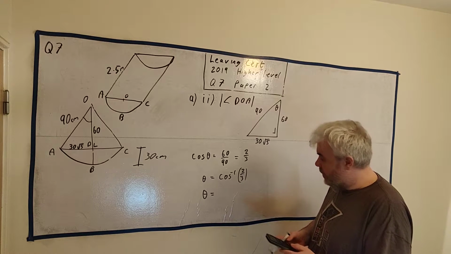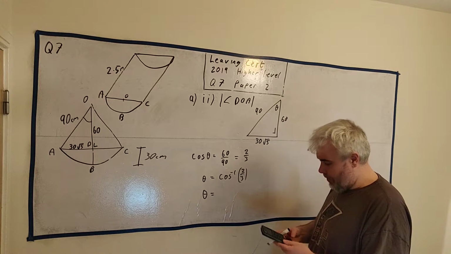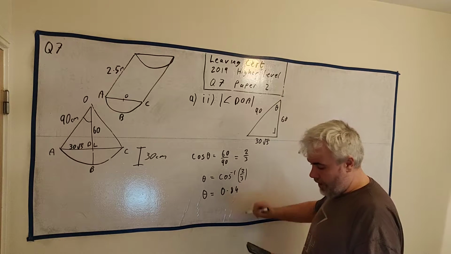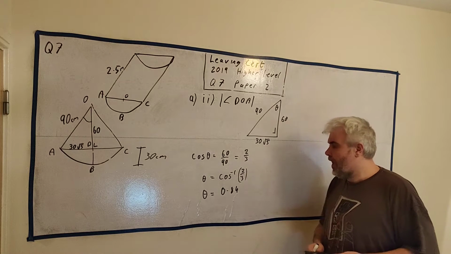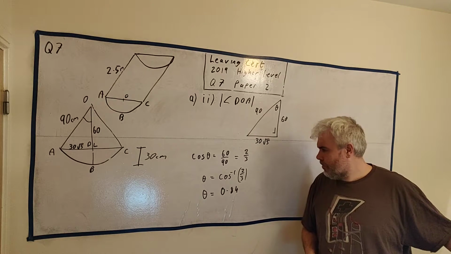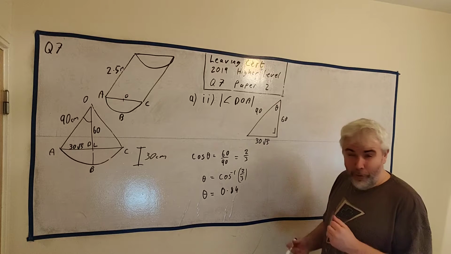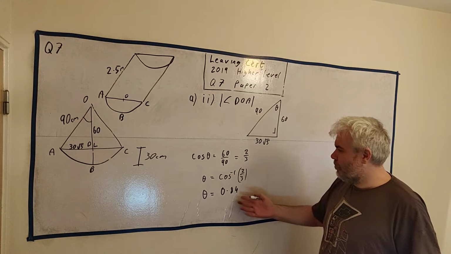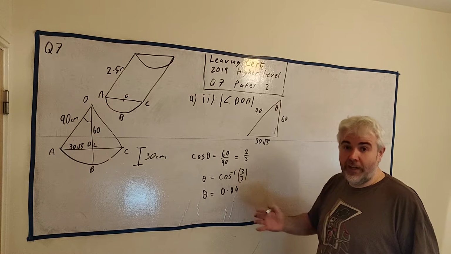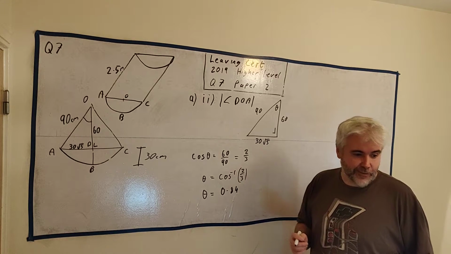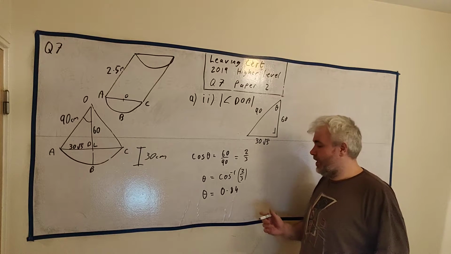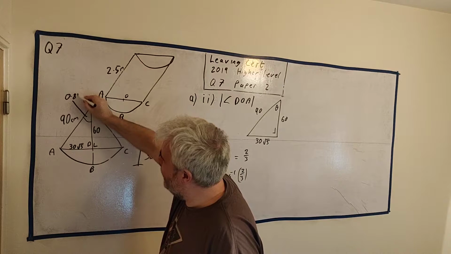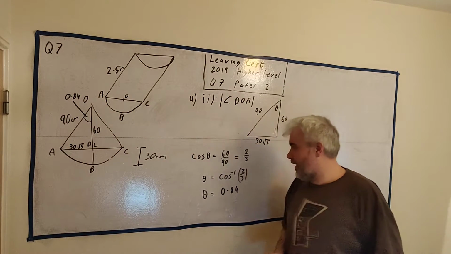The inverse cosine of 2 divided by 3 is 0.84 to 2 decimal places. I'm not sure what it would be in degrees, probably about 40, between 30 and 50 anyway. So be careful that you do not give it in degrees when they ask specifically for radians. So let's put 0.84 in here. That's the angle.